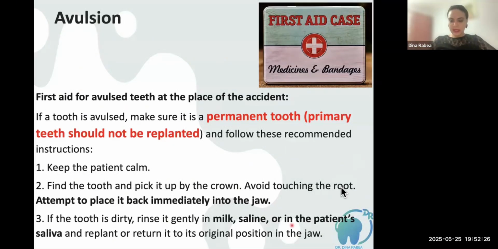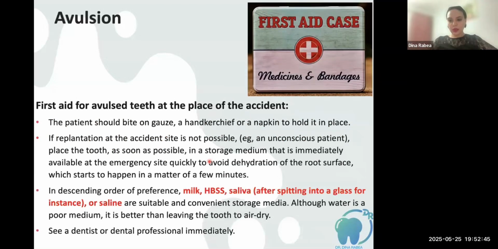Of course, milk is much better than water for cleaning. We can agitate the tooth in milk and put it back into the jaw. Make sure that the buccal surface of the tooth is facing buccal and the palatal surface is facing palatal, and ask the kid to bite on a cotton, a handkerchief, a napkin, whatever is available, and then move directly to a dentist.